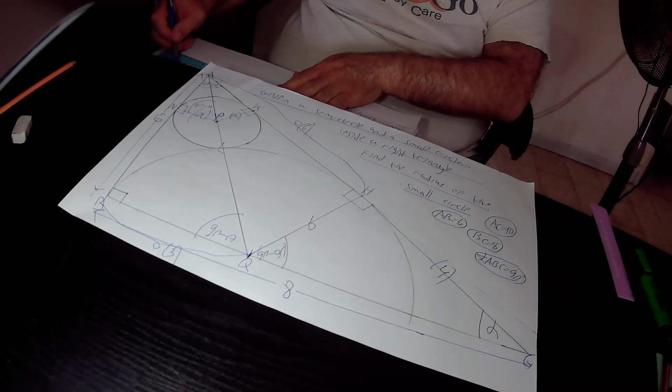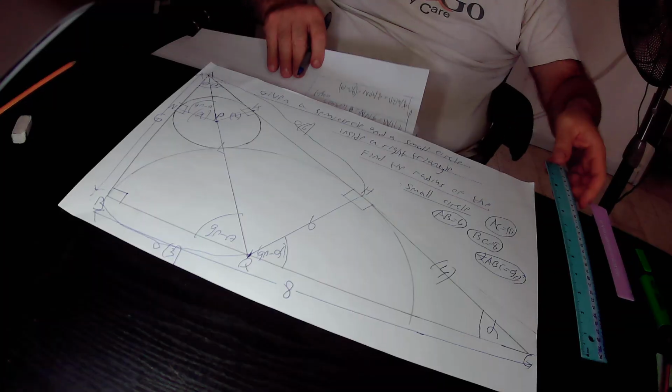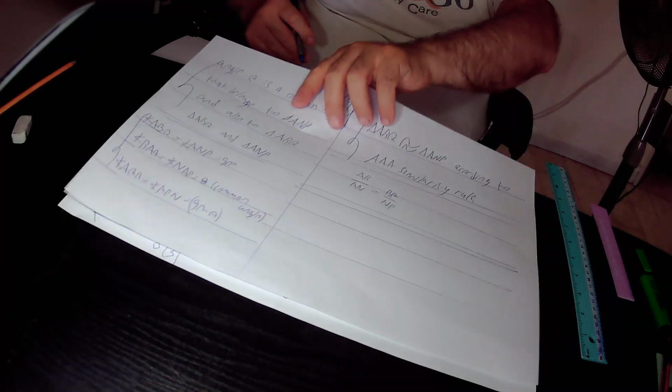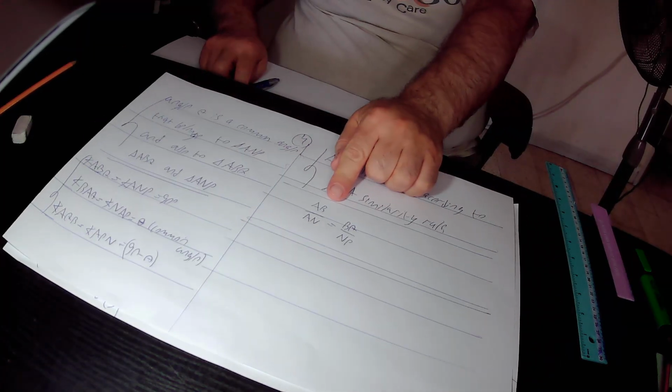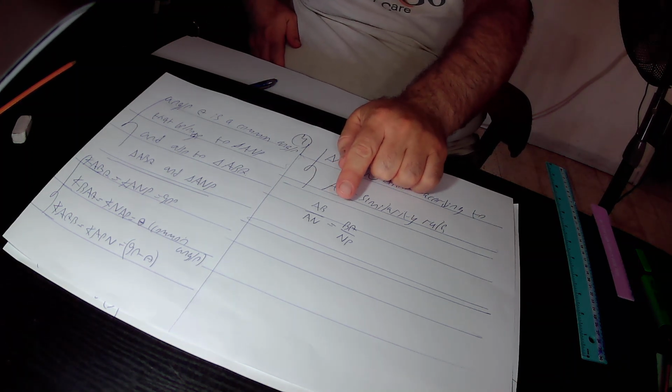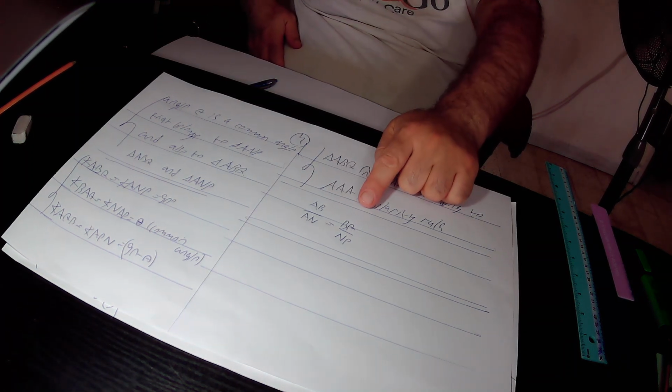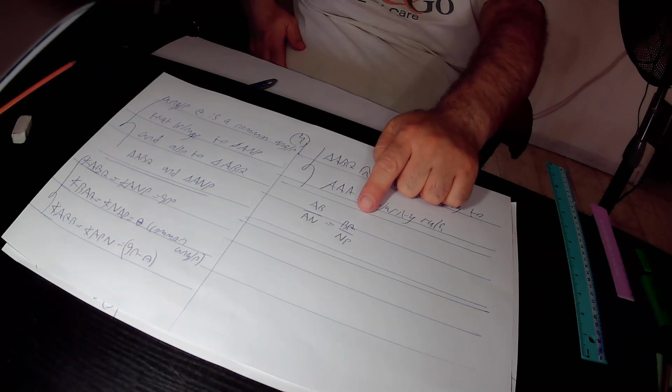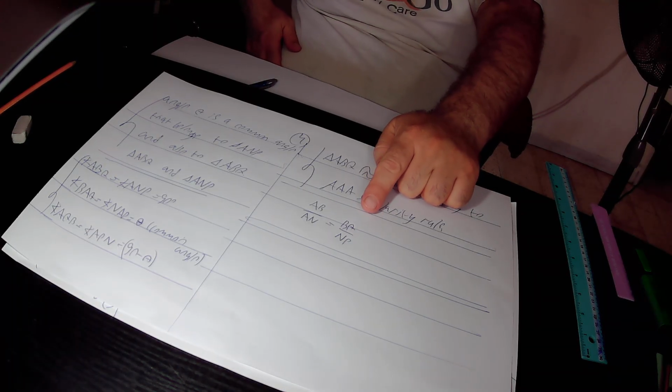Repeat again, we will derive that side AB in the big right triangle ABQ over side AN in the small right triangle ANP equals side BQ in the big right triangle ABQ over side NP in the small right triangle ANP.